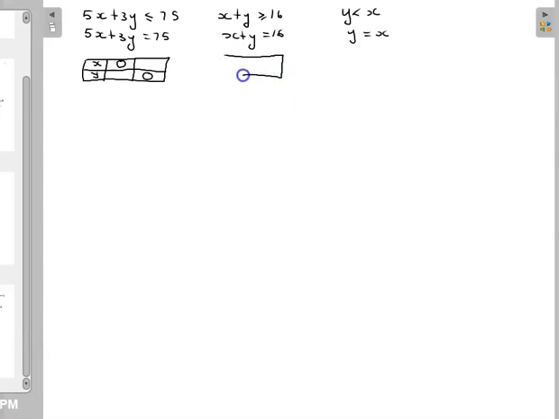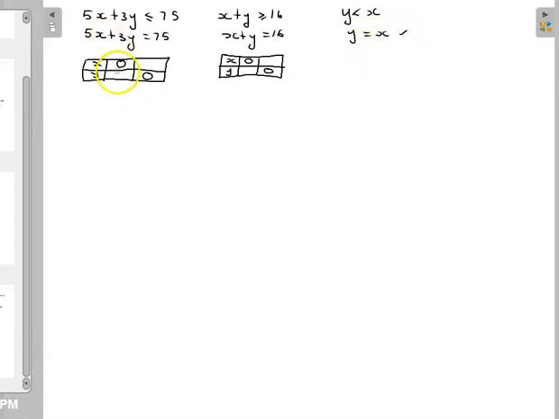Pardon my very crooked lines here. I hope this won't disturb your viewing. X, Y. Now what will be Y when X is 0, and what will be X when Y is 0? This one is a very common line, so I'm not going to make a table for it.